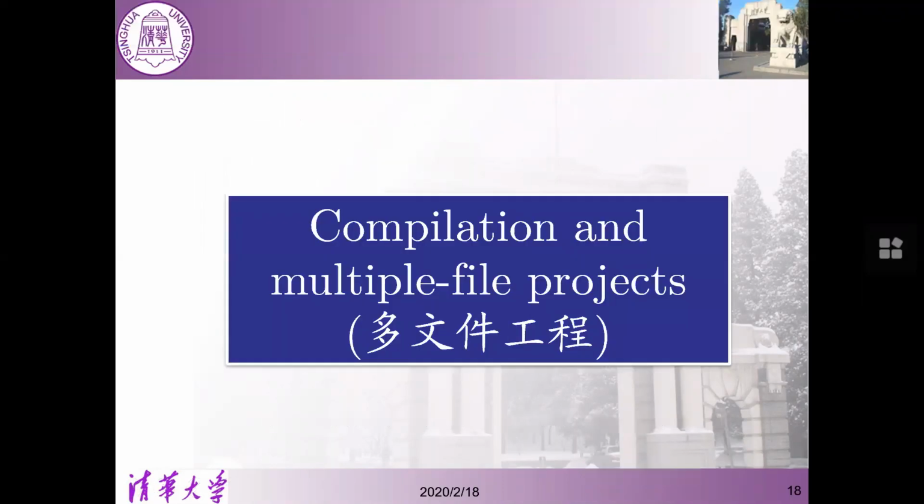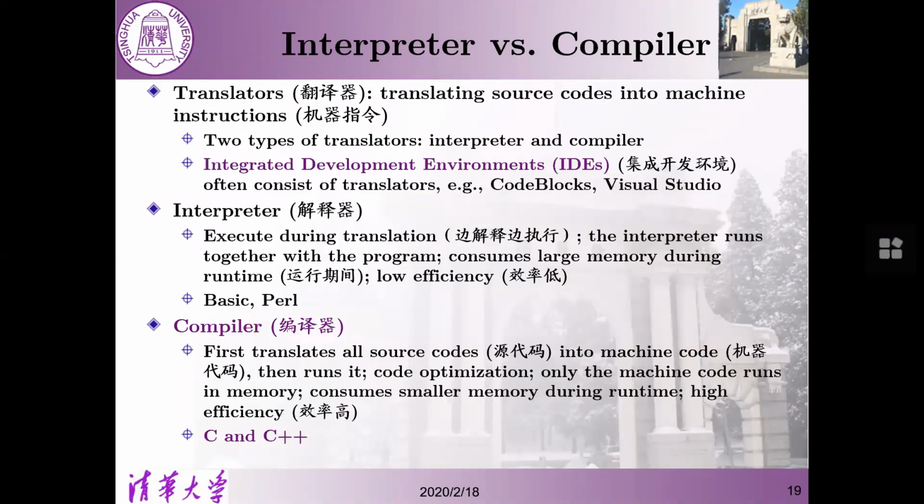Okay. Now we will learn something related to compilation and multiple file projects. So for compilation, we need a translator. It translates from source code into machine instructions, binary code.